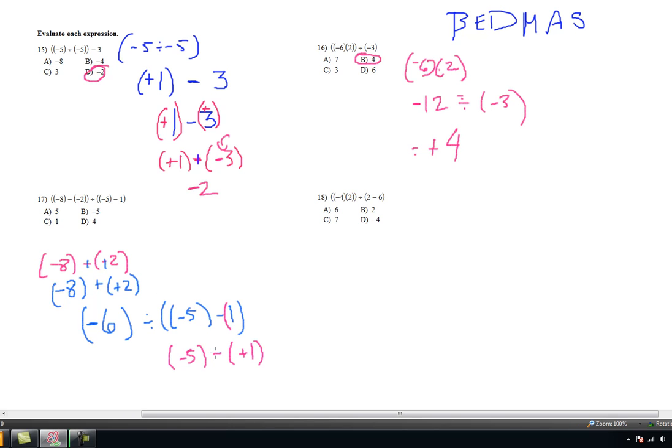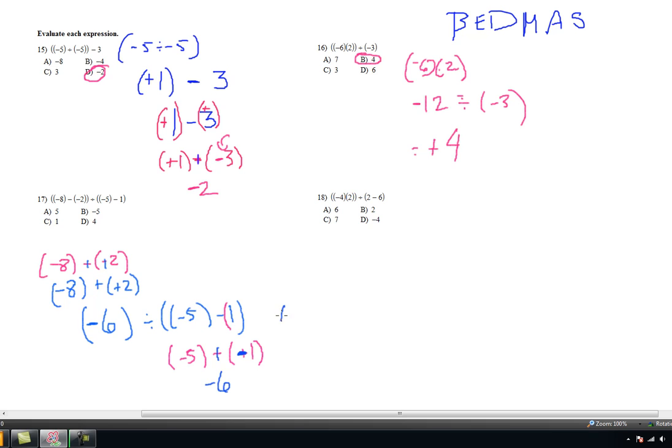So instead of being subtraction, it's going to turn into an addition, and instead of an addition, I'm just going to write over here, it's going to become a subtraction. So then now I'm looking at negative 5 add by negative 1. Well, signs are the same, so when signs are the same, you keep the sign and then you just add the two numbers. So 5 and 1 will give me 6, and then keep the sign, so negative 6.